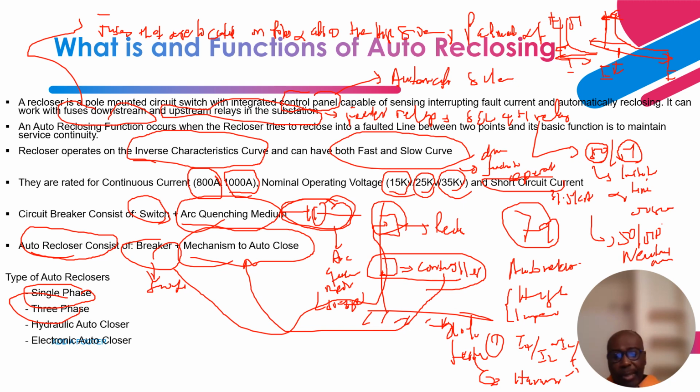The older generation of auto reclosing are mostly the hydraulic type, right? So basically, the breaker itself has all the contacts immersed in oil, and it has a hydraulic scheme that basically operates these contacts that are in this enclosure, that is immersed in oil.